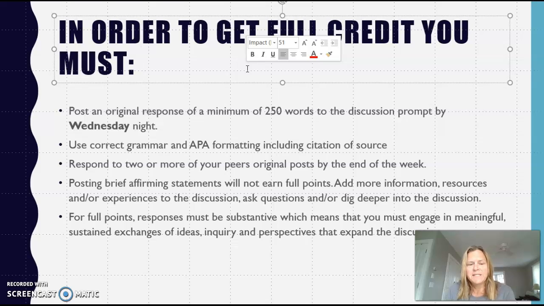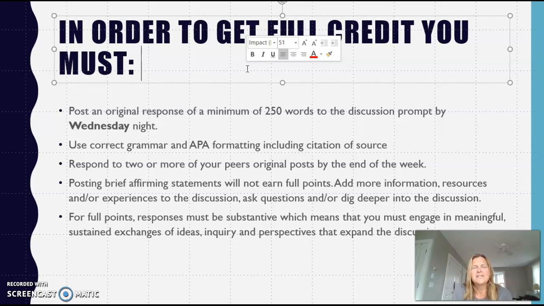The initial post is due Wednesday night at midnight, but of course you can go in anytime after the week starts, even Sunday night, and post your initial discussion posting. And then your 2 responses are due by the following Sunday. But again, it's better to get in as soon as you can and respond. I think that gives everybody time to have some meaningful discussion and feedback.